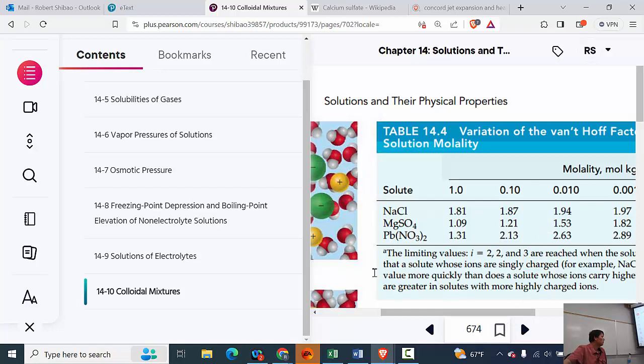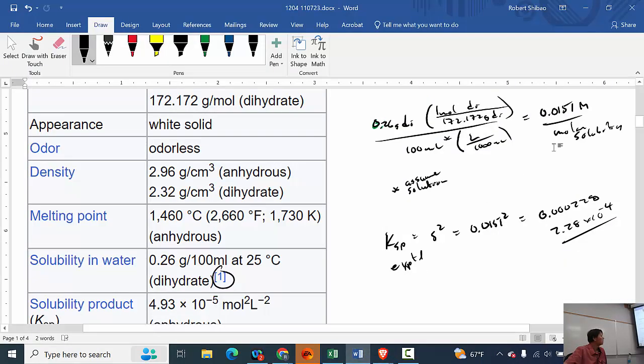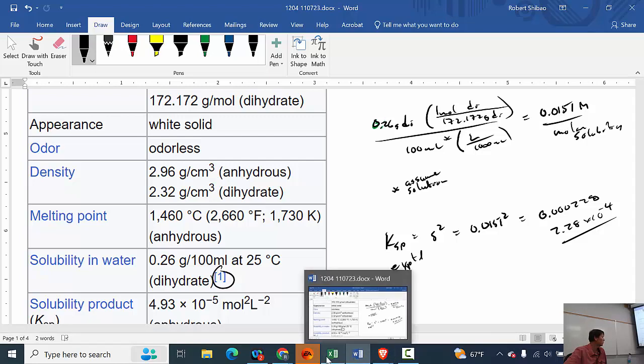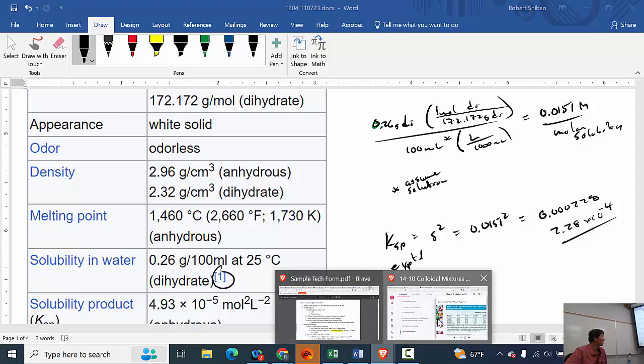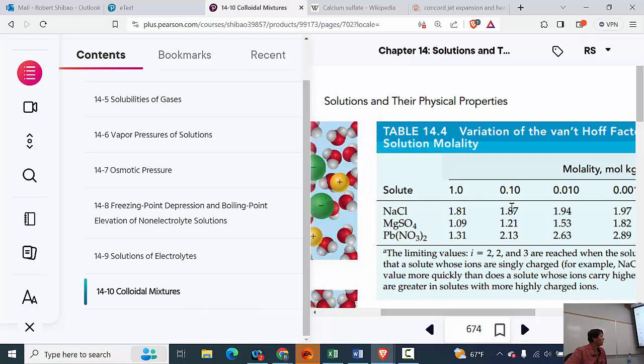Just some frame of reference, but let's see what the concentration of ours was. It was 0.01, almost 0.02, so between 0.01 and 0.02. Going back to this, looking at magnesium sulfate at 0.01, there's already significant, maybe 25% clustering here.